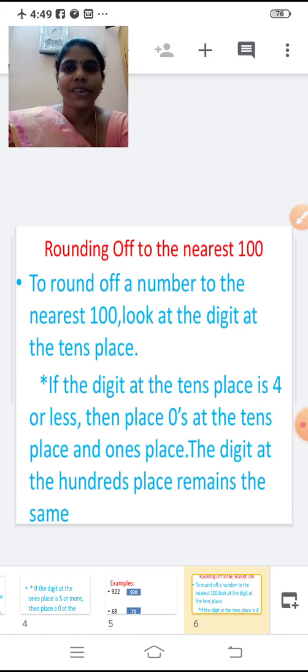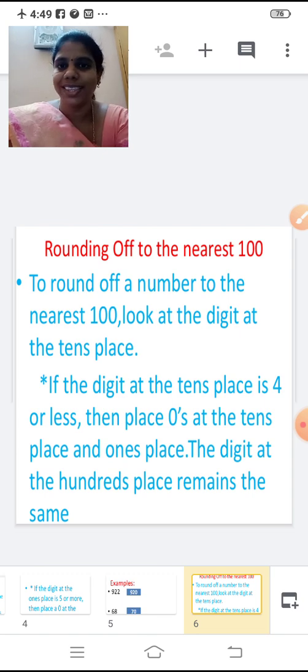If the digit at the tens place is 4 or less, what you have to do?